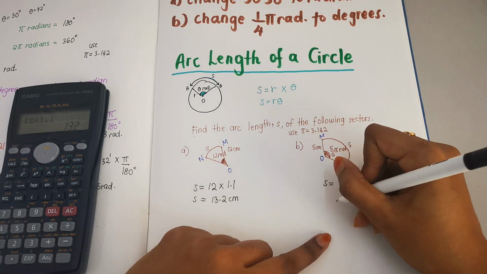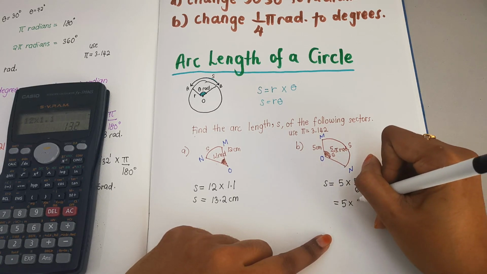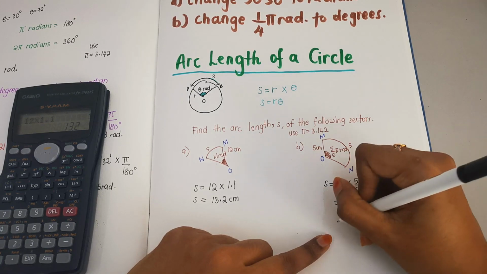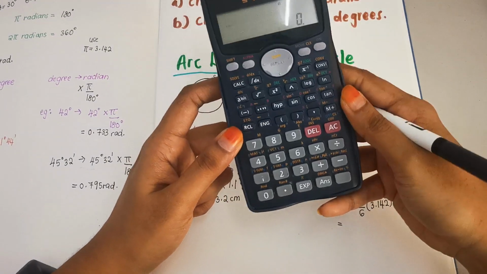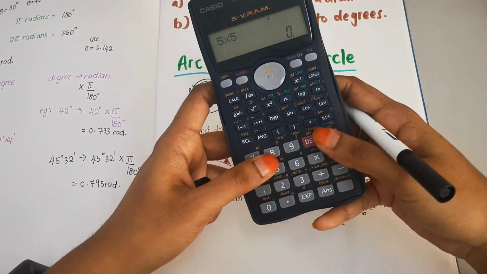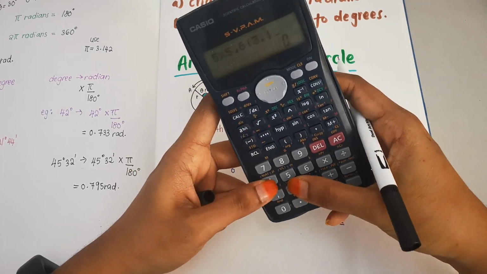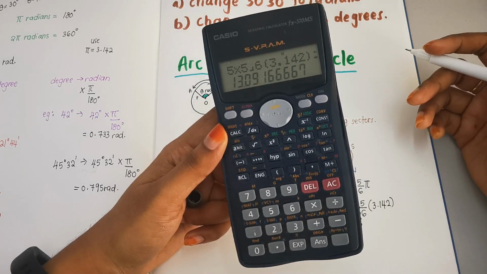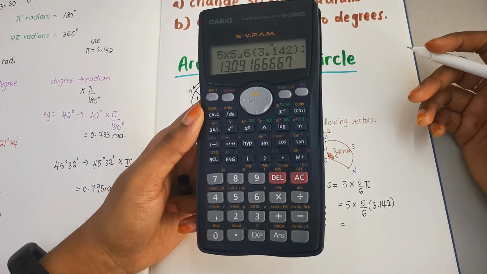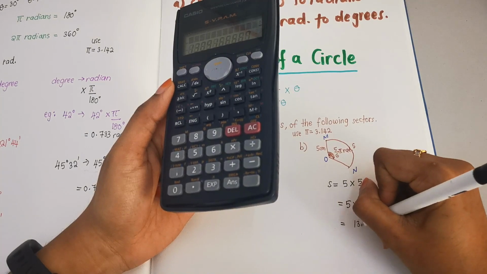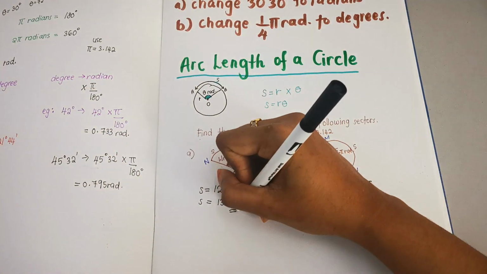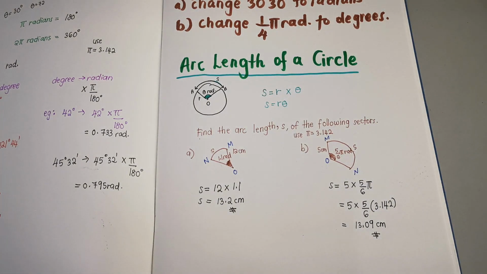Now we have to substitute the value of pi as 3.142. Just key everything into the calculator: 5 times 5/6 times 3.142 in brackets. We will get 13.09. We can write up to 4 significant figures, so it's going to be 13.09 cm. That's all. This is the simple calculation for arc length.